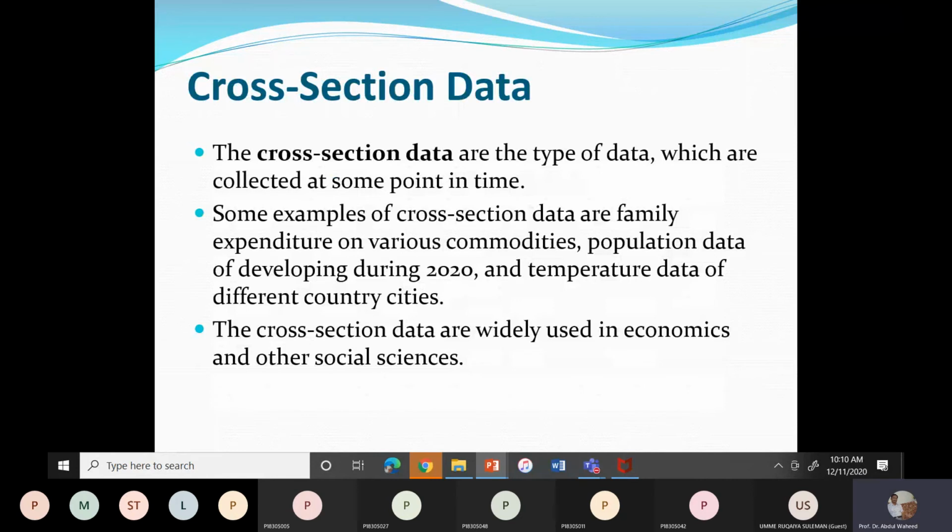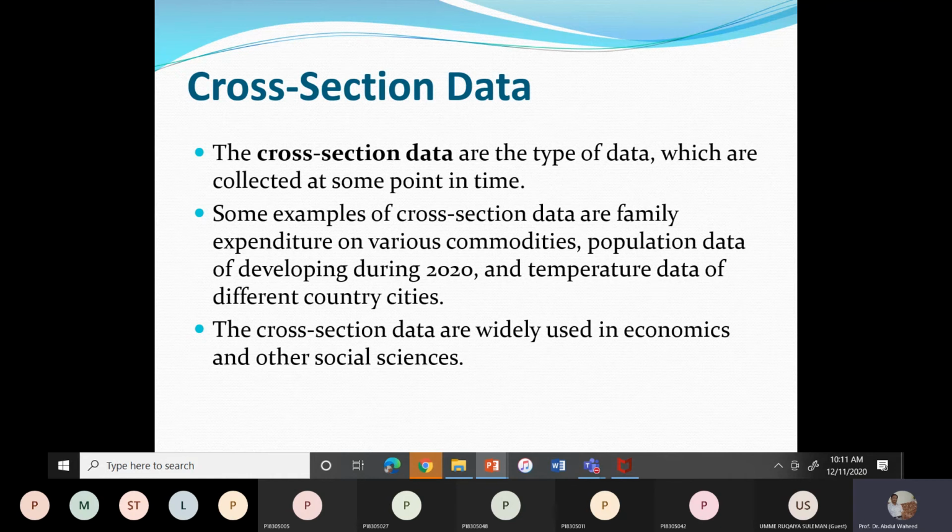Then we have cross-section data. This is the type of data collected at one point in time. Examples of cross-section data are family expenditures on various commodities, population data, and the temperature data of different cities. If I get the temperature data of different cities of Pakistan, that would be cross-section data.